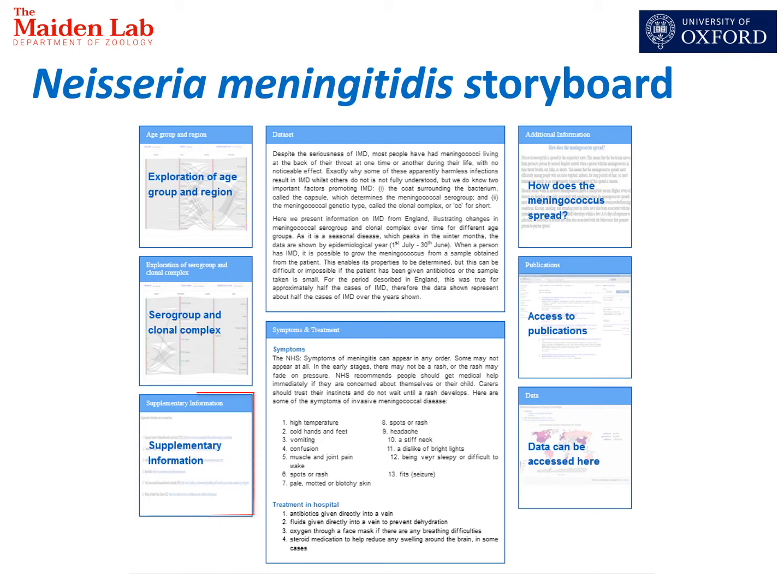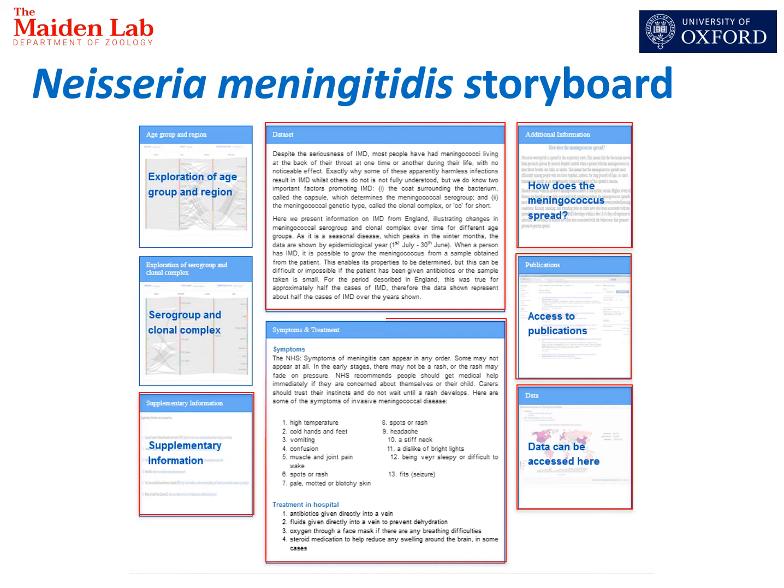The supplementary information panel gives you more information about Neisseria meningitidis, and the additional information panel provides information on how it spreads. Publications and data can be accessed through the publication and data panels. You can also find out about the dataset, as well as symptoms and treatment. And finally, by clicking on the age group and region panel and the serogroup and clonal complex panel, you'll be taken to the drill down pages where you can explore the data.